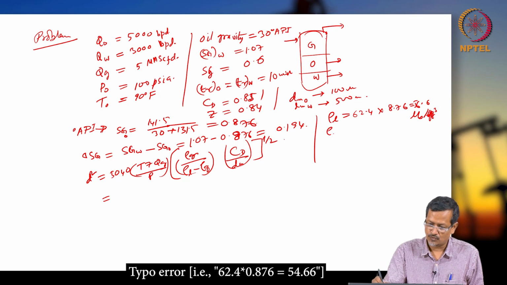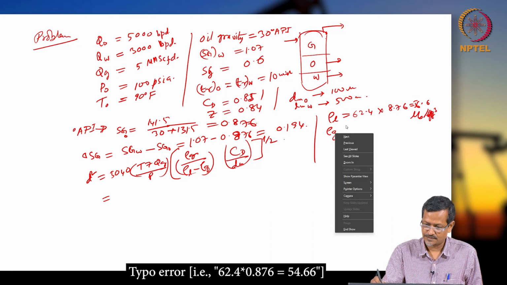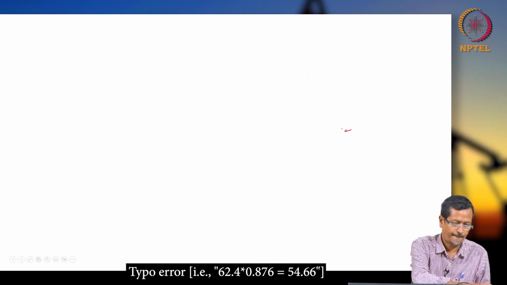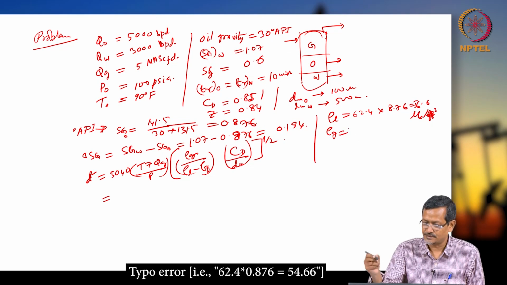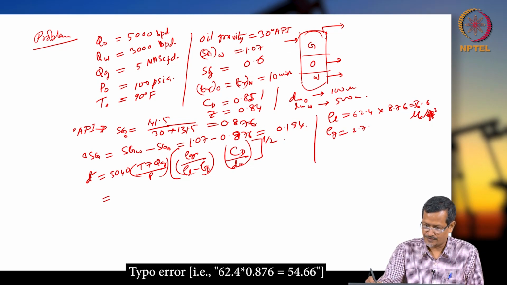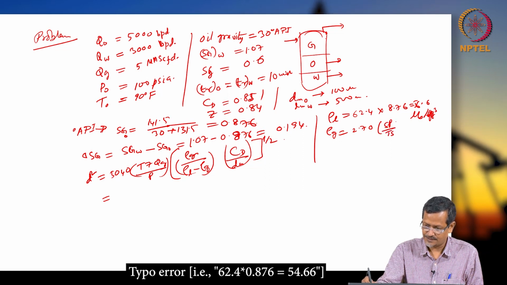Rho gas equals 2.70 SPTZ, this is the formula.